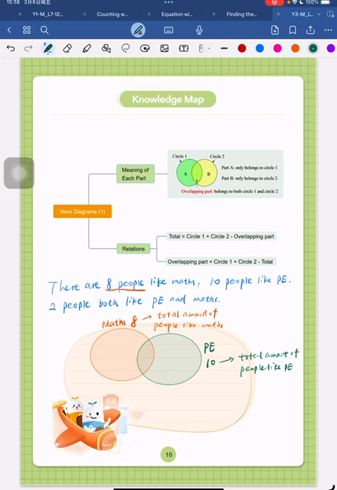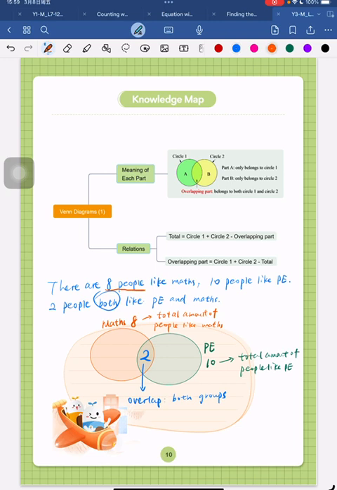So we would find the 2 people who like both PE and math should be the overlapped part. The overlapped part will always be the people in both of the groups, so we will put the number inside this overlapped part.